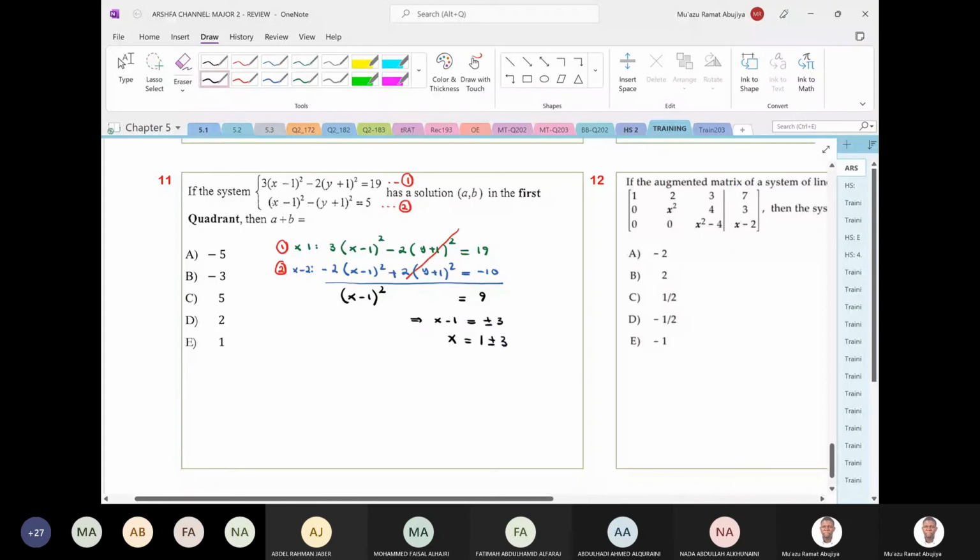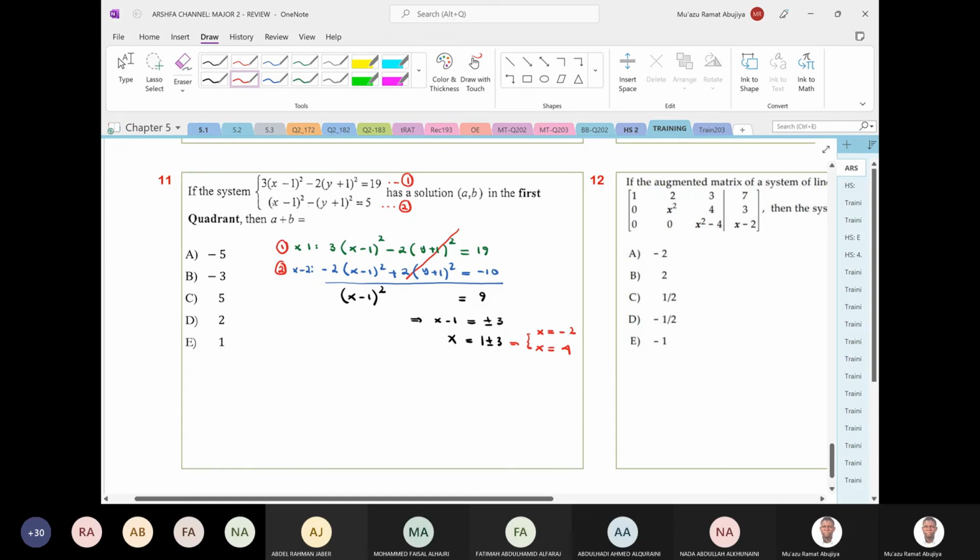And when we say plus or minus 3, it means we have two values for x, right? So this implies we are going to have two possible values for x. We have x equal to 1 minus 3, which is minus 2, and x equal to 1 plus 3, which is 4.